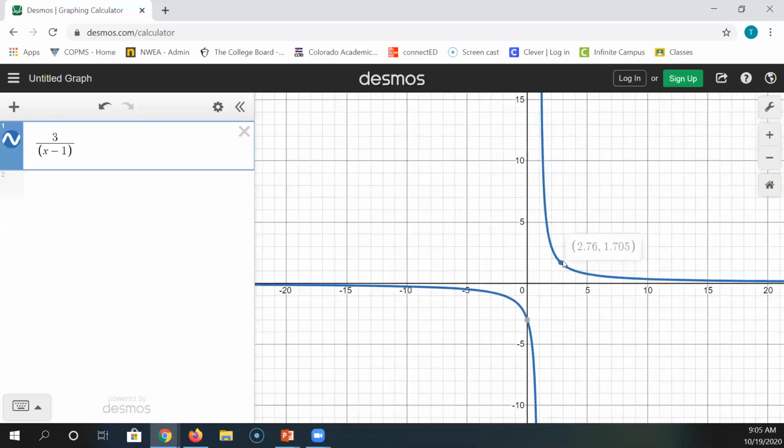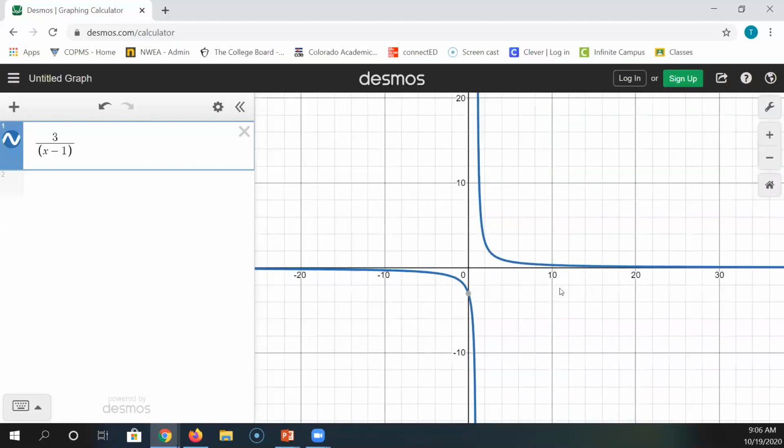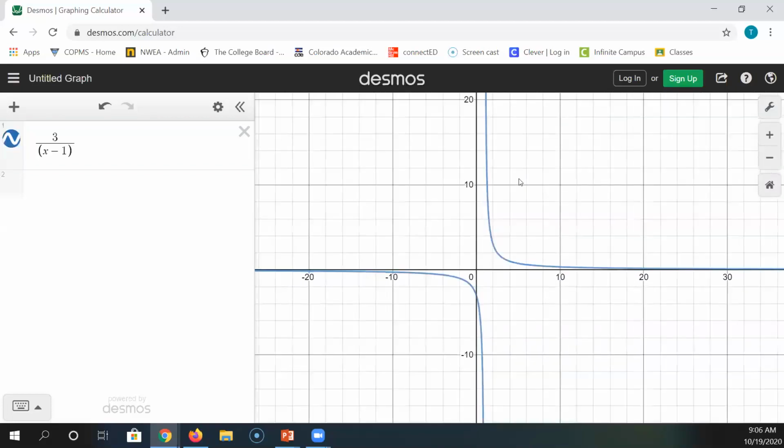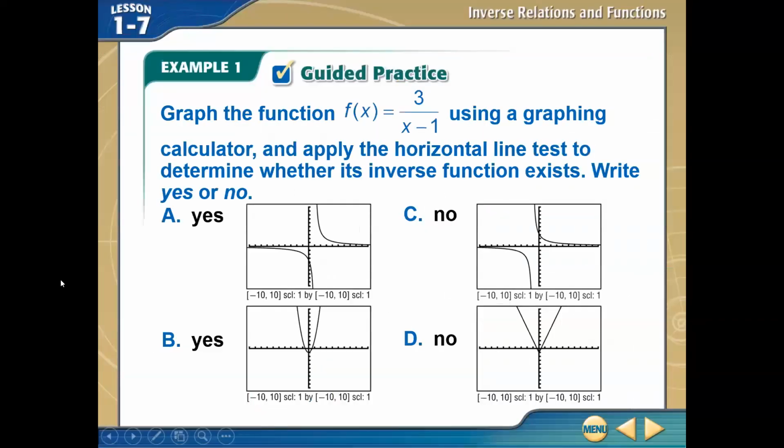Since it doesn't truly become level, it is decreasing as we go, and you can see my y values keep changing. So this one, we're going to say, yeah, it passes. Like I said, graphing is just an estimation, so don't be afraid to use your trace function.